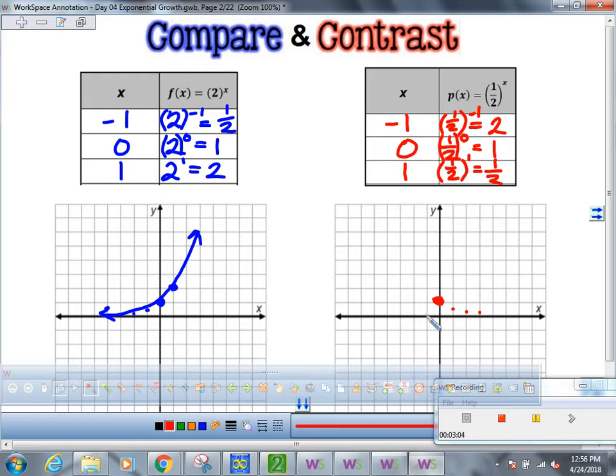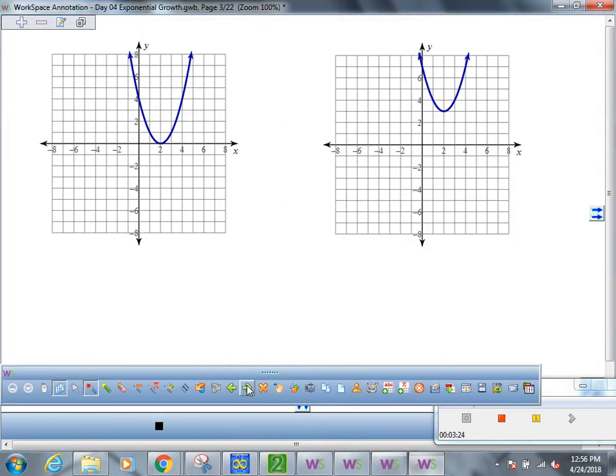So if I go back 1, it's going to turn into positive 2. And so in essence, these two tables have the exact same numbers. They're just reversed, or they're just on the other side of the y-axis. So that's super important to know, and that's where we're going to go from here.